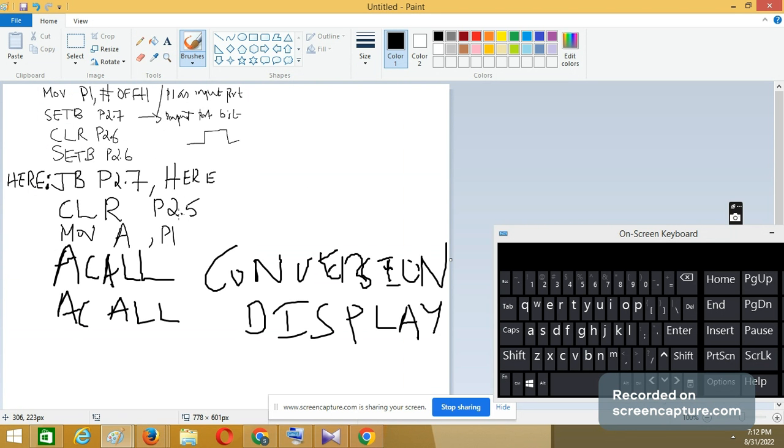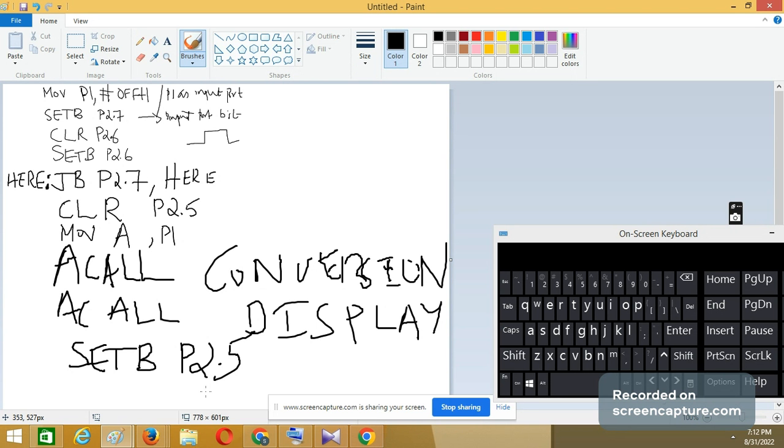Now it is cleared and it has already given the information for reading. So reading has happened. You have to set bit P2.5, because by clearing P2.5 it has given the information for reading. After reading, everything is over, you can reverse it, set bit P2.5 so that no more reading is required.